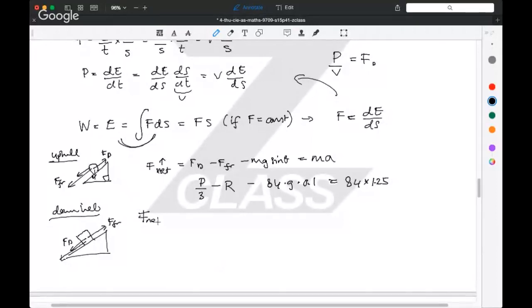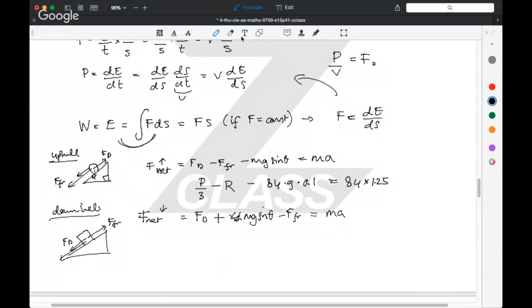So the net force acting downhill is the driving force acting downhill plus her weight, which is mg sine theta, minus the friction force. So you see the weight has changed sign between these, and this is equal to ma.